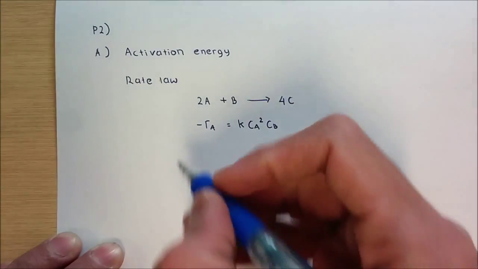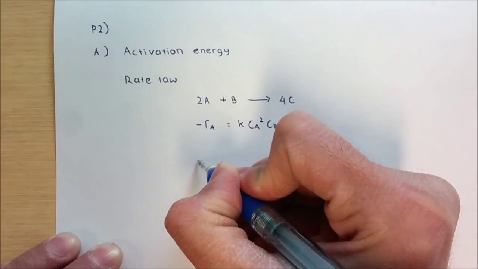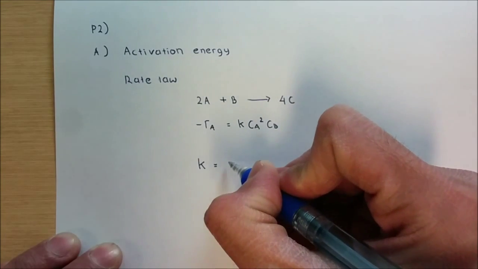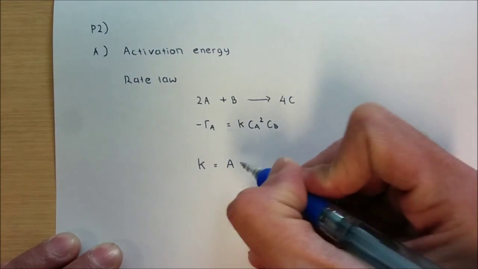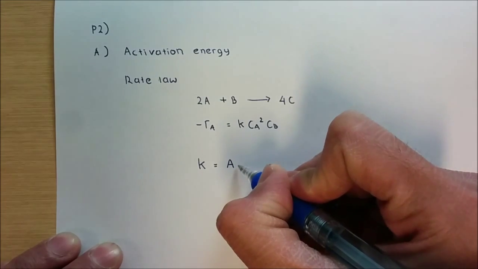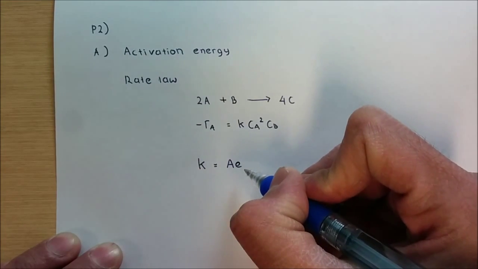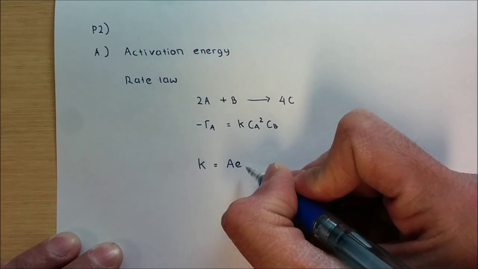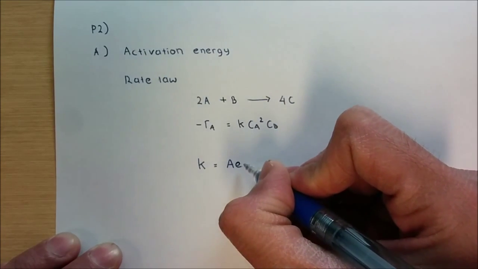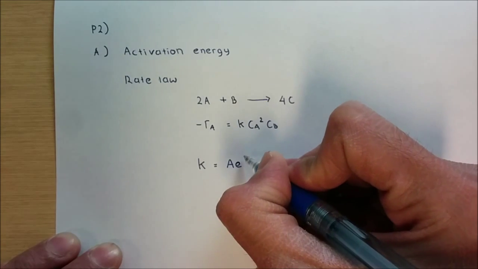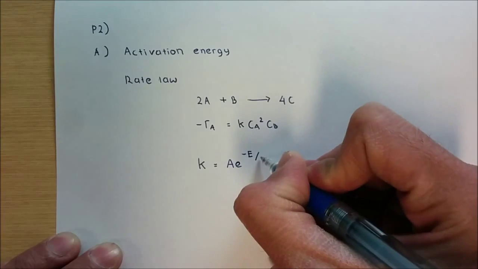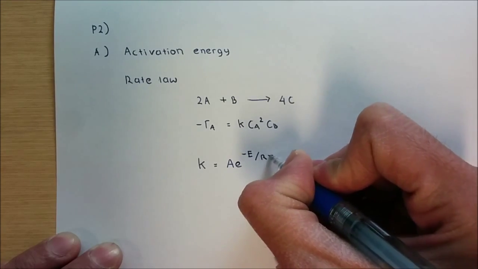And then, if you remember the rate constant formula, we have the rate constant equal to the pre-exponential factor multiplied by the exponential of minus activation energy over RT.